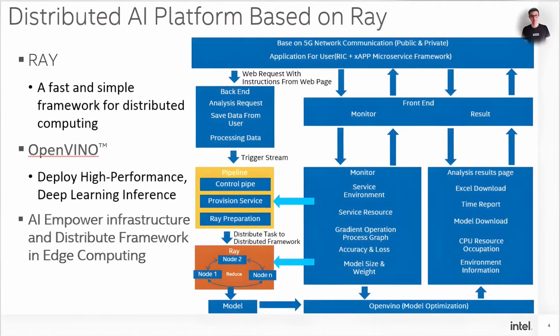Distributed machine learning is mainly based on the Ray framework and optimized through OpenVINO for inference. The whole process can be built and controlled on the monitor service. After the model is built successfully, it can be downloaded through the one page, and it provides a series of charts and reports to show the performance data.